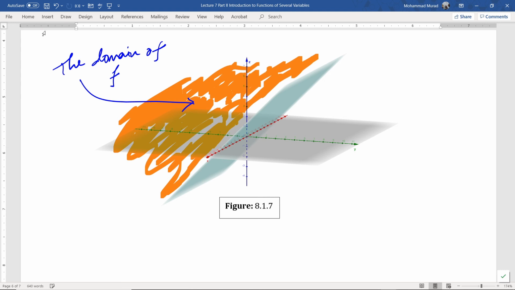So the half space is bounded by the plane z equals y, and the domain of the function f is the set of all points that lie strictly above the plane given by the equation z equals y, as shaded roughly here.